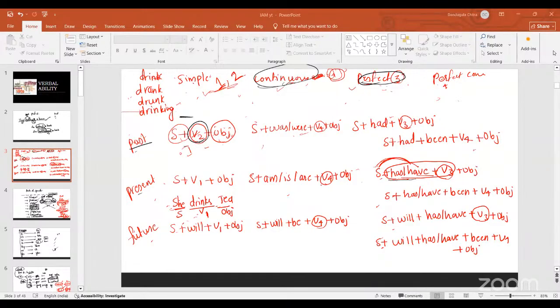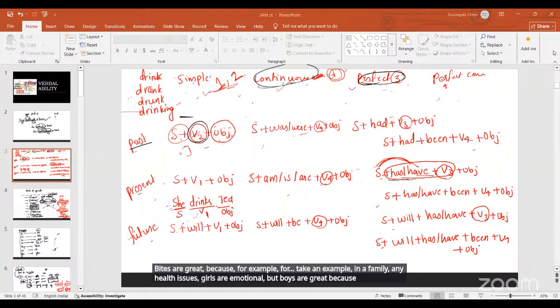Boys are great because, for example, in a family with health issues, girls are emotional, but boys are physically stronger and manage the entire family at that time.